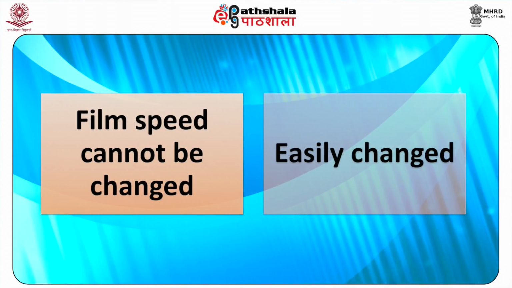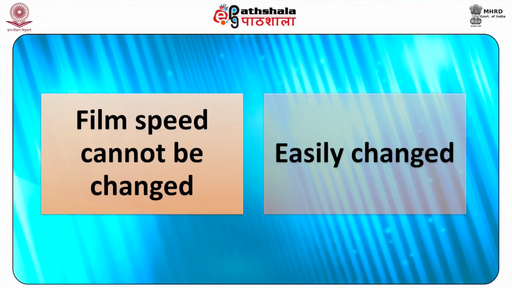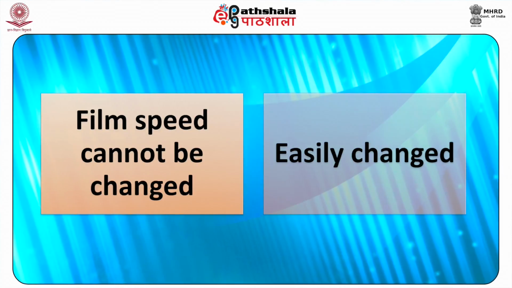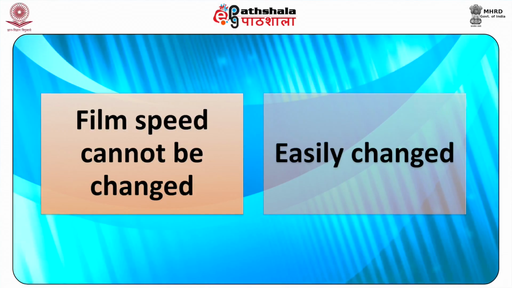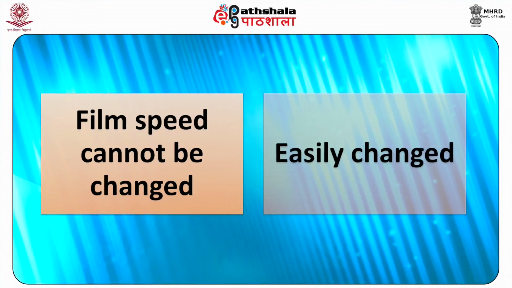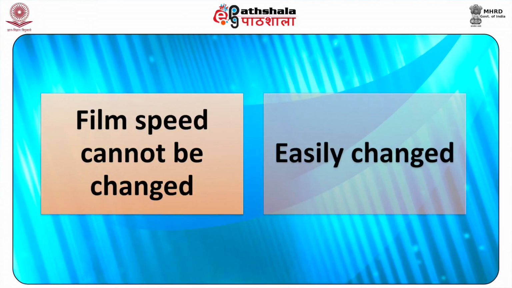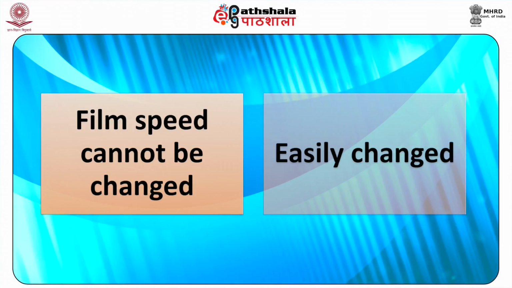Then in case of film photography, once a particular film is loaded, the film speed cannot be changed and exposure should be made accordingly. While in case of digital photography, film speed can be changed easily in a digital camera just by pressing buttons or rotating a dial as desired.